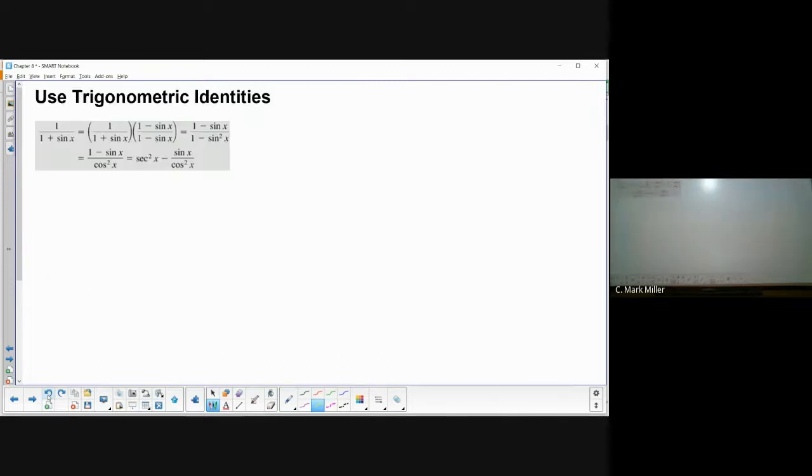Last one is using trig identities. There are a number of trig identities, and there's going to be a slide coming up here. You'll see trig identities that you're going to especially be using a lot. If you see this and you don't know how you could use it with calculus, well, let's do the integral of 1 over 1 plus sine x dx.